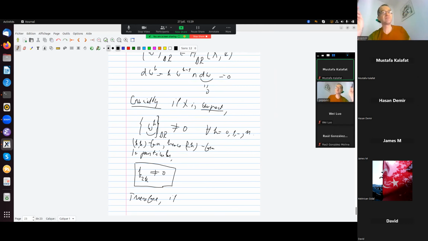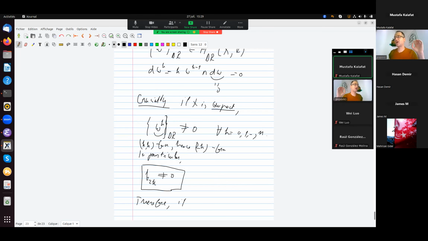And the Betti numbers, remember, depend only on the differentiable structure. So if you have a smooth manifold such that one of its Betti numbers of even rank is zero, no complex structure that admits a Kähler metric can exist on the manifold.